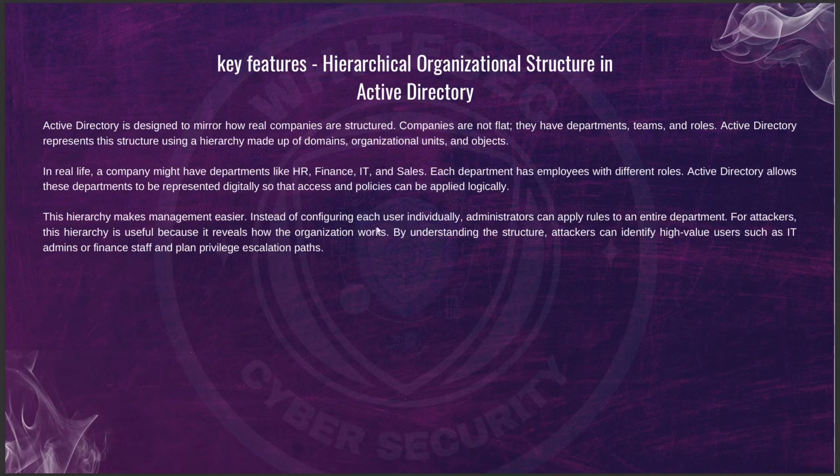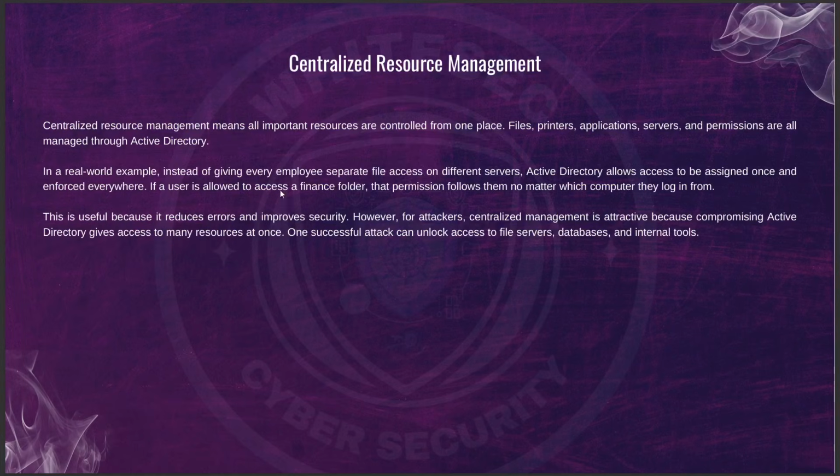Instead of configuring each user individually, an administrator can apply rules to an entire department. For an attacker, this hierarchy is useful because it reveals how the organization works. By understanding the structure, an attacker can identify high-value users such as IT admins and finance staff and plan privilege escalation paths.